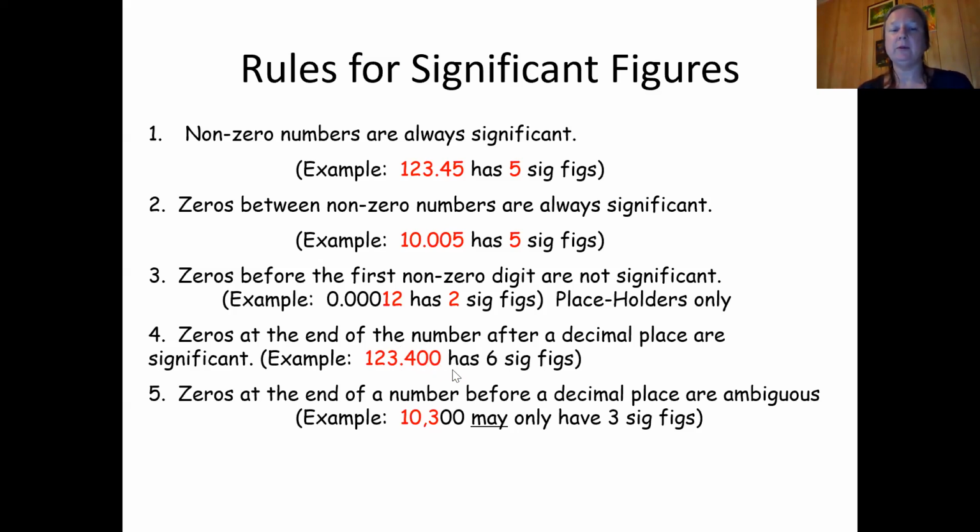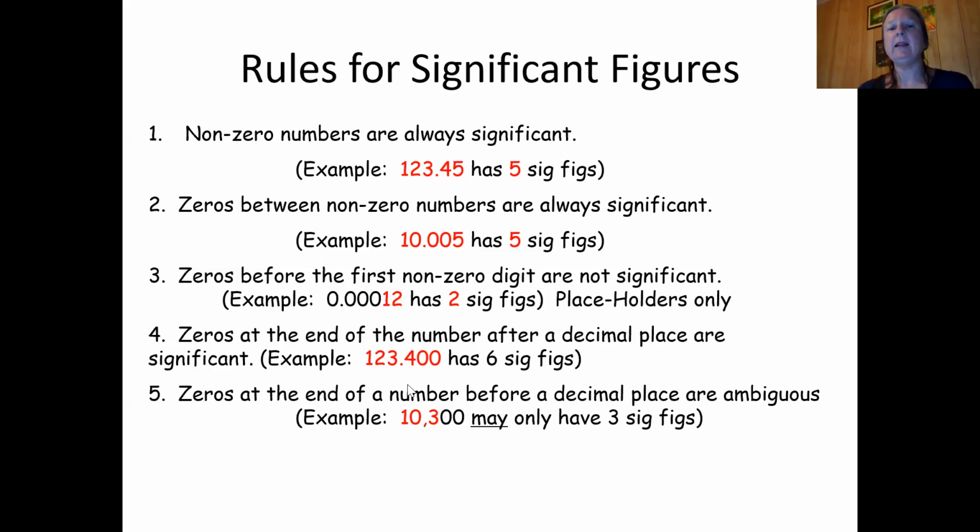The only reason for this zero to be here is because it's important. So that says that whatever you measured this on had the precision to go all the way to the third decimal place. So zeros after the decimal place at the end are significant.